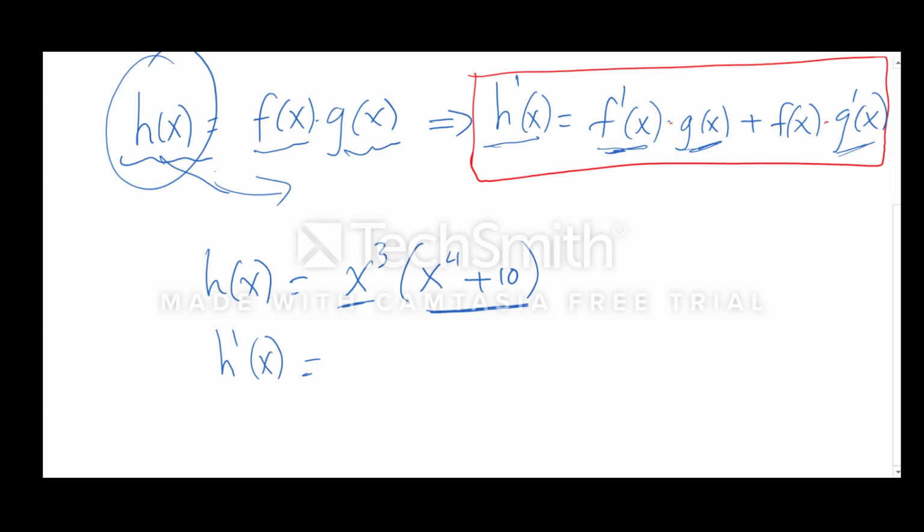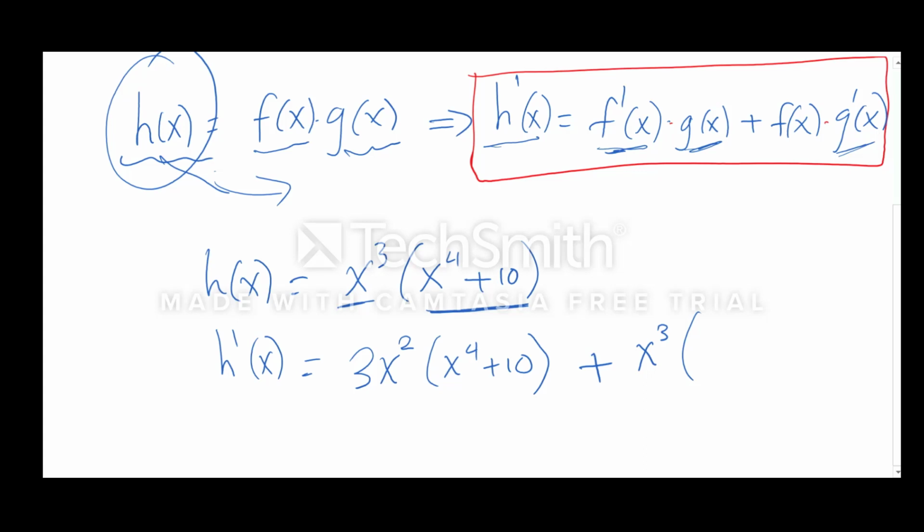In order to find h prime, we first take the derivative of the first function. What is the derivative of x cubed? Bring the power down, reduce the power by 1, that is 3x squared. Leave the second function as it is, x to the power of 4 plus 10, then add that to the first function as it was, x cubed, multiplied by the derivative of the second function.